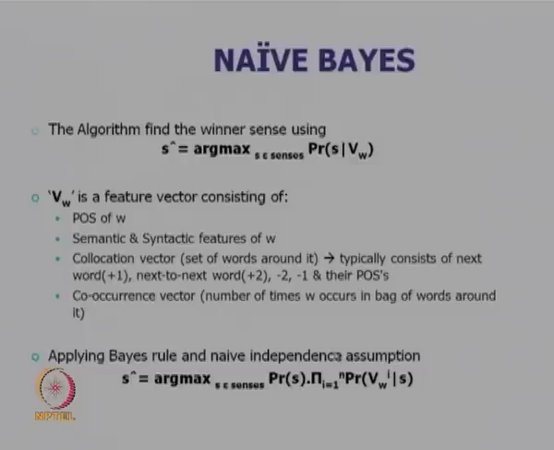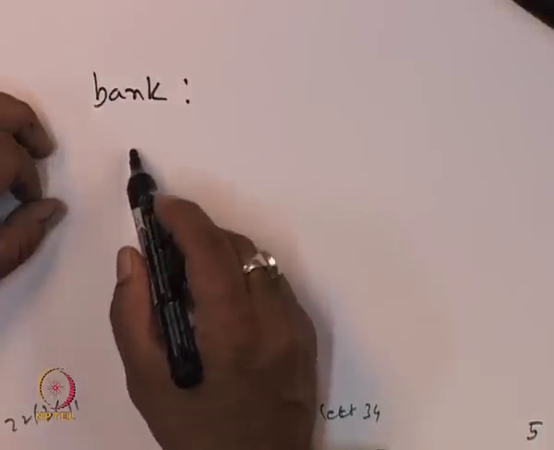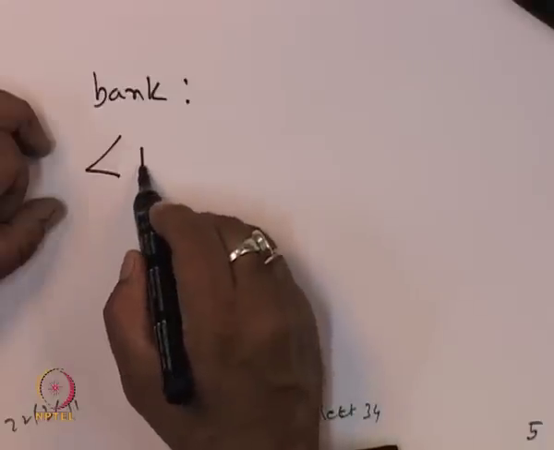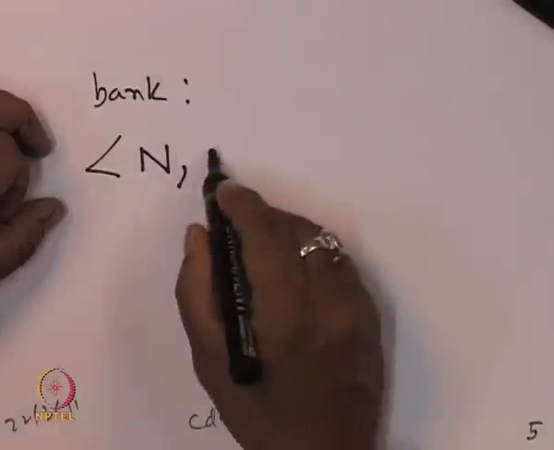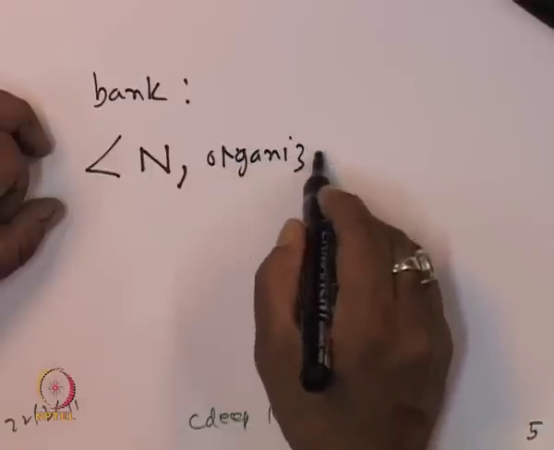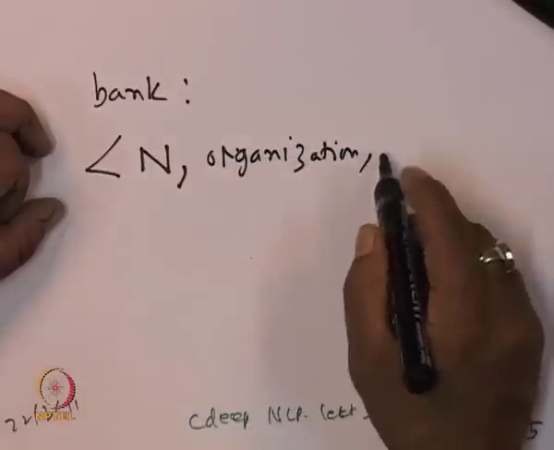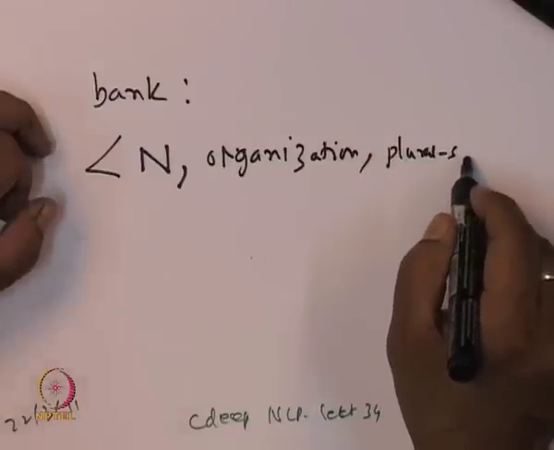So, we will again write it down in the paper to make our concepts clear. So, writing it up. So, we will now look at the vector and understand this expression. So, for bank, the feature vectors are the part of speech of bank, which is noun, other properties like organization, plural S, that means takes S in plural.